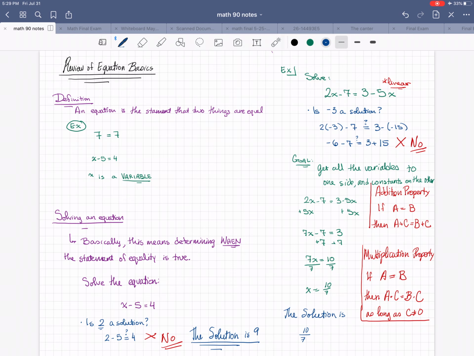So this is a basic review of equations, specifically what is an equation, what does it mean to solve the equation, and then a quick overview of the addition and the multiplication property. The addition and multiplication properties get us through solving linear equations.